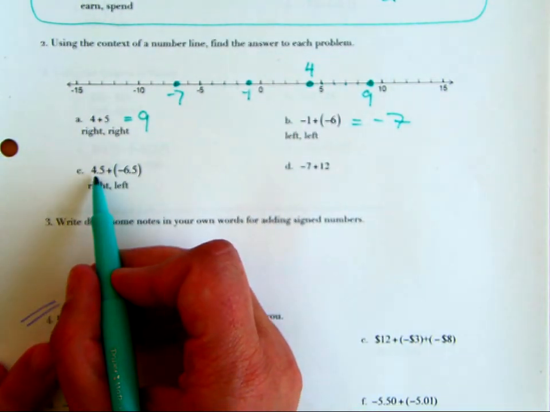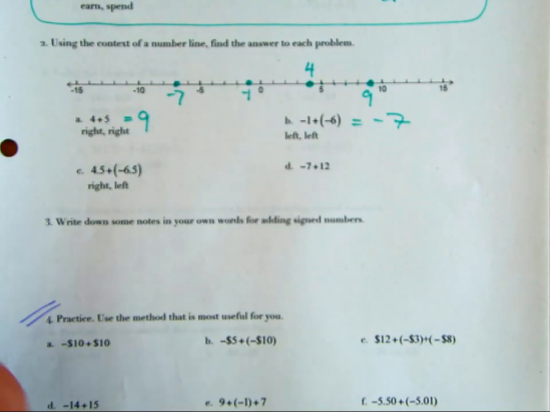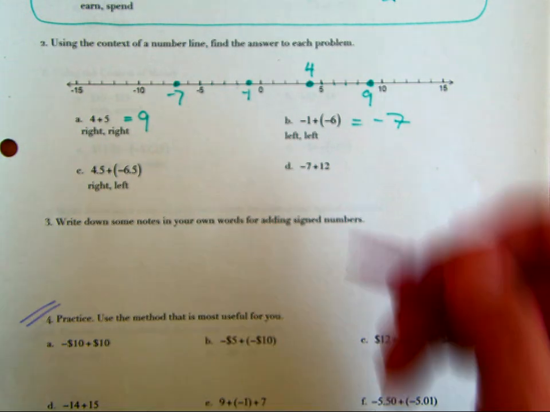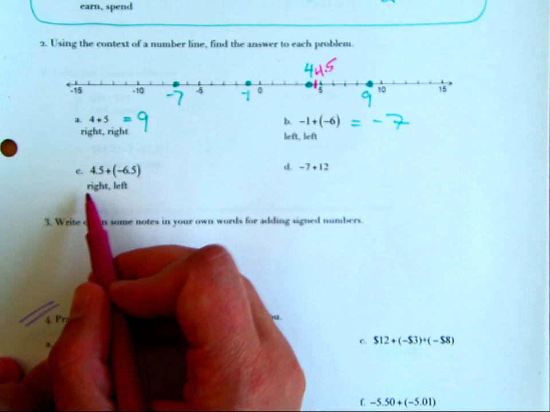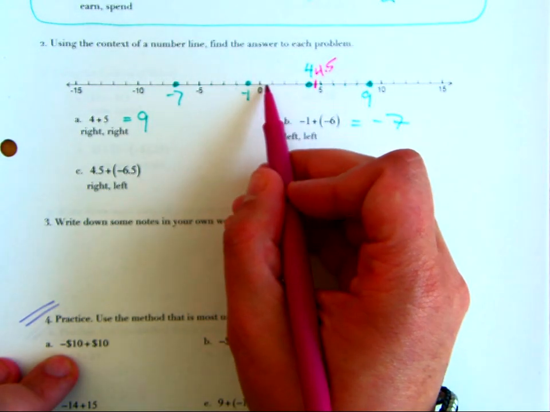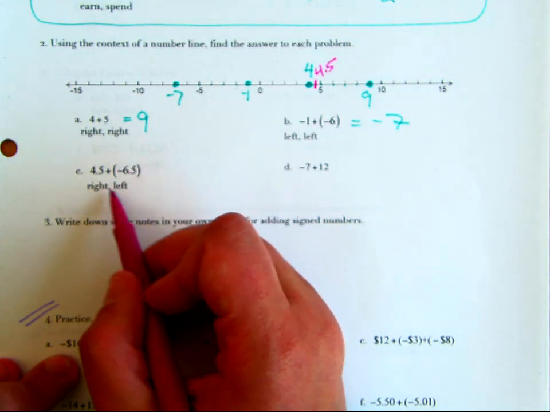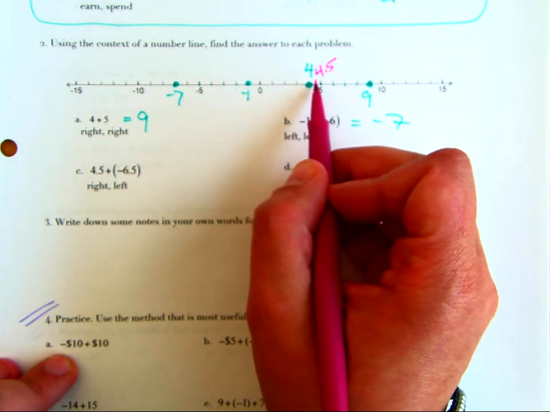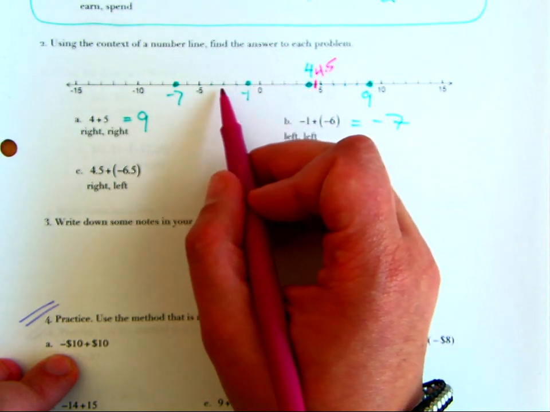Here we start at 4.5. Let me switch colors. So we start at 4.5 here, because we went to the right, 4.5 from 0. And now we're going to go to the left, meaning we're spending $6.50. So if we were going to go all the way to the left, 6.5, where are we going to land?